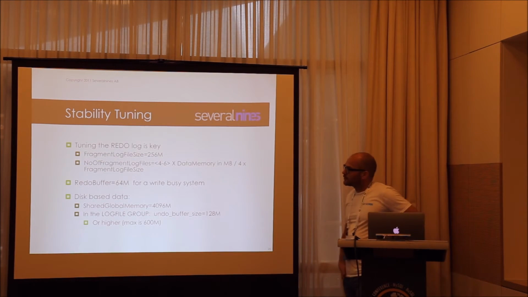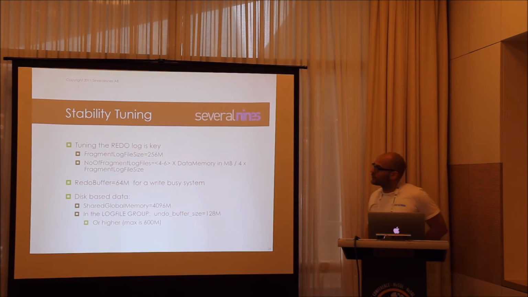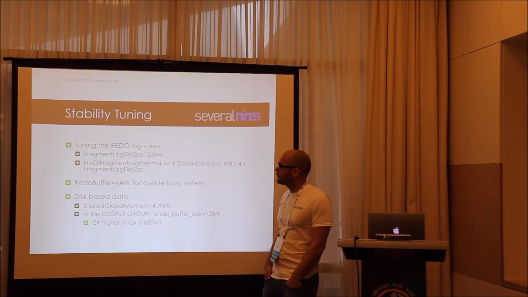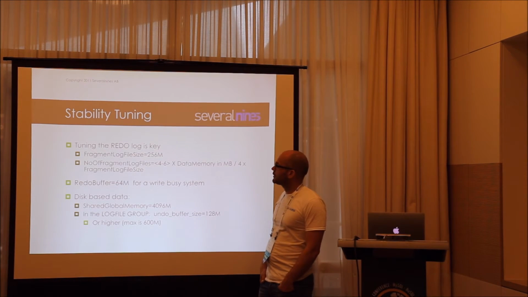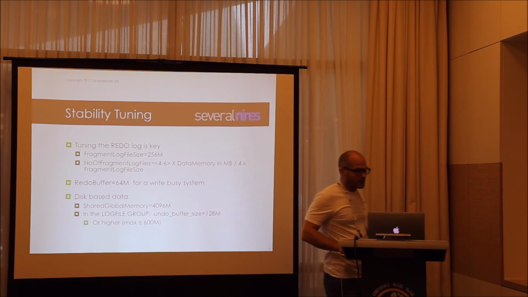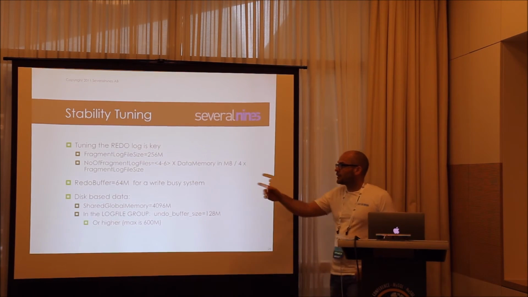There's another thing that is very important to tune, and I think it's the most important parameter to tune in the entire NDB cluster, and that's the redo log. The redo log is specified by 2 parameters.